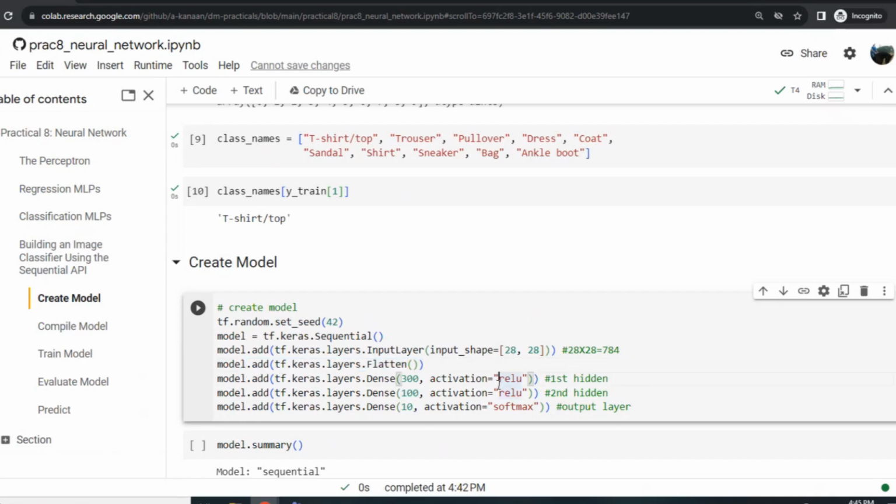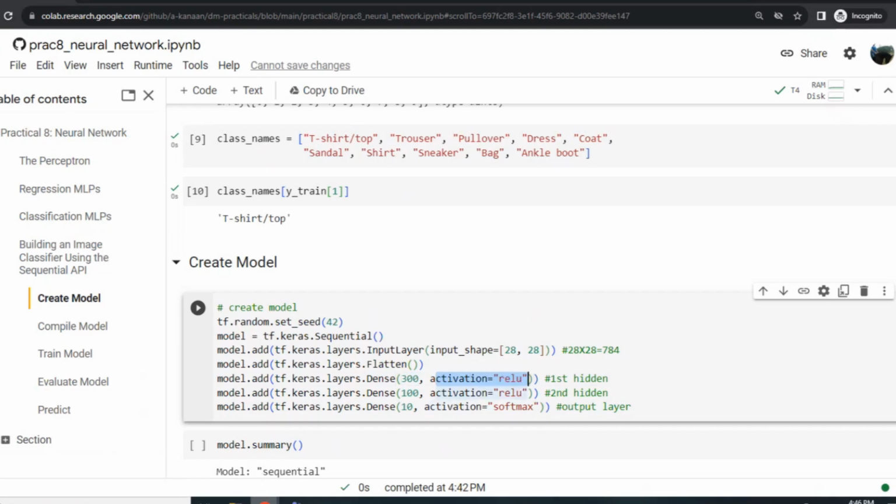Then we need to create our hidden layers. Notice we are using the definition for the dense layer, and then we specify the number of units. Here we have 300 units inside the first hidden layer. So 300 means the number of neurons. Then the activation function is ReLU.